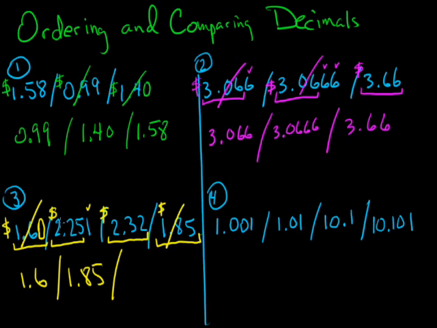Now we're down to the 2.251 and the 2.32. Well, just think of it as money. Don't get scared when you see a lot of decimal places. We have $2.25 versus $2.32. $2.25 is smaller. And 2.32. So the advice I have for students and teachers alike is always refer to money.